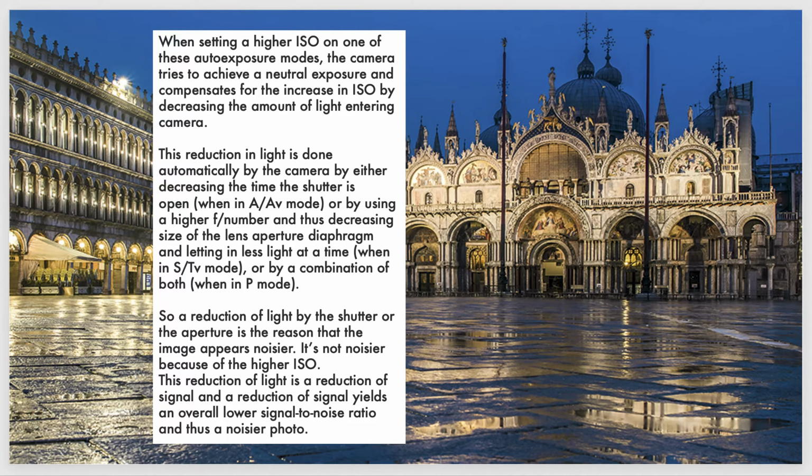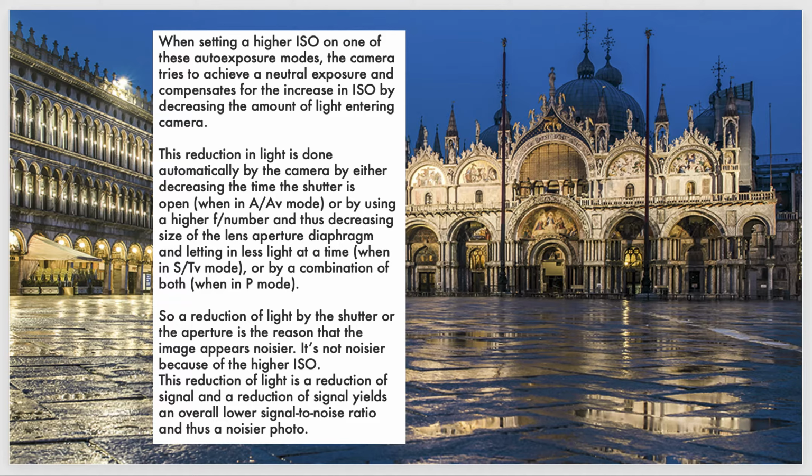Okay, so when setting a higher ISO on one of the auto exposure modes, the camera tries to achieve a neutral exposure and compensates for the increase in ISO by decreasing the amount of light entering the camera. And that's what creates your noise, okay? So the camera automatically does this light reduction every time you shoot in one of those program modes.